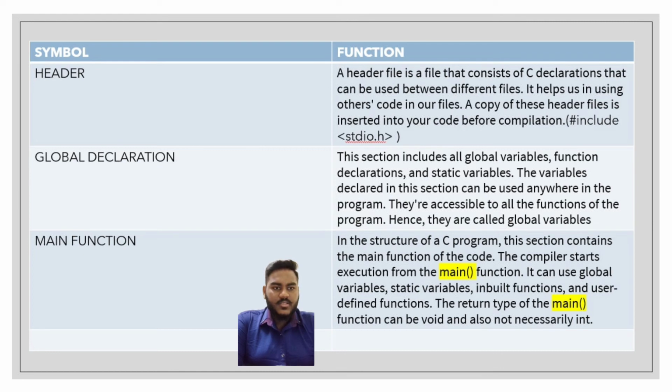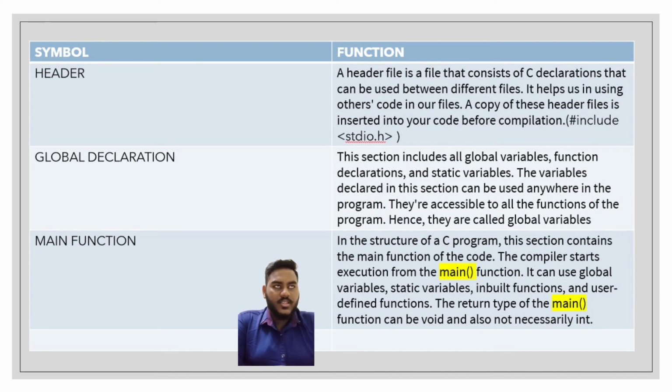Besides that, main function. In the structure of a C program, this section contains the main function of the code. The compiler starts execution from the main function. It can use global variables, static variables, inbuilt functions, and user-defined functions.